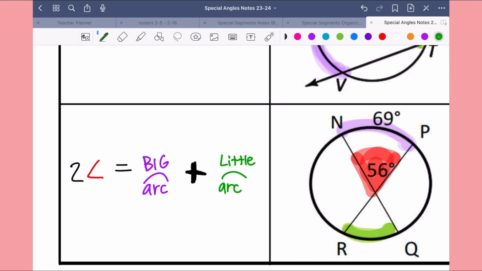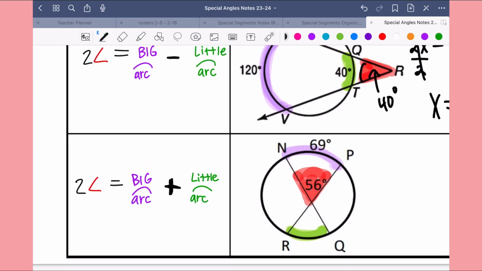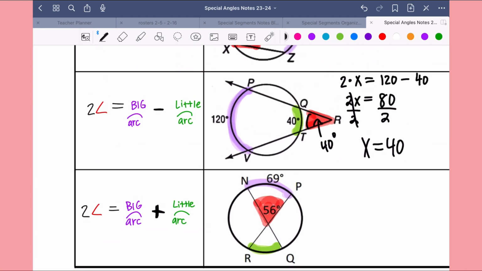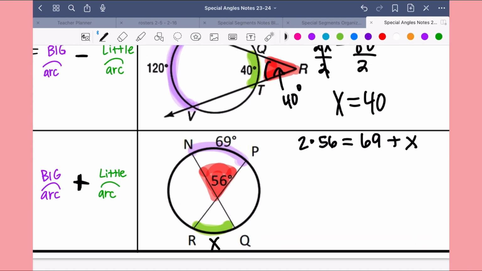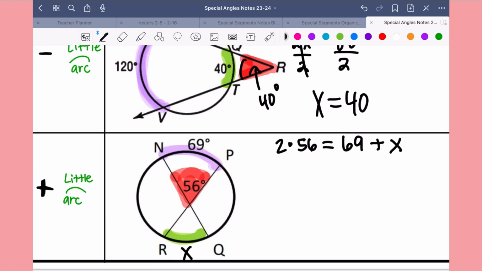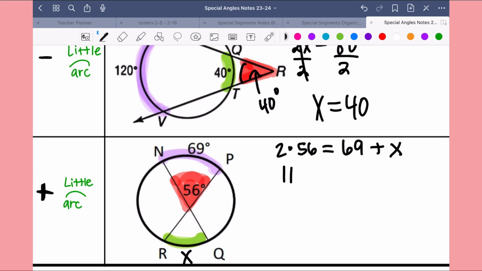Let's fill in our formula. 2 times my angle, what's my angle? 56, equals big arc 69, plus my small arc, which I don't know, so x here. Let's do some math. 2 times 56 is 112.